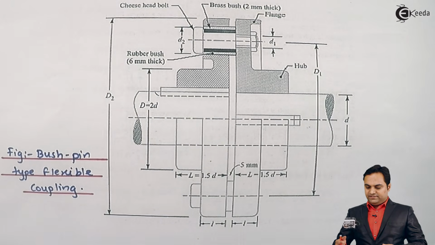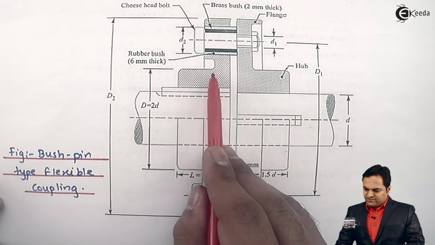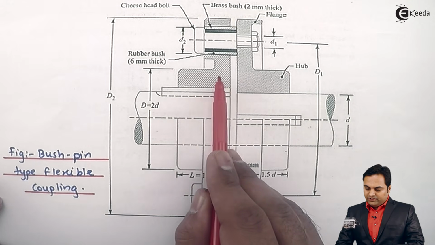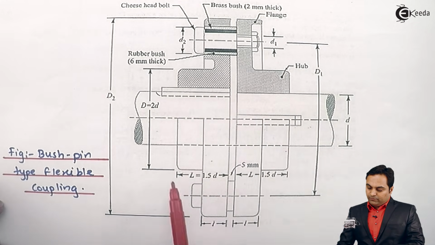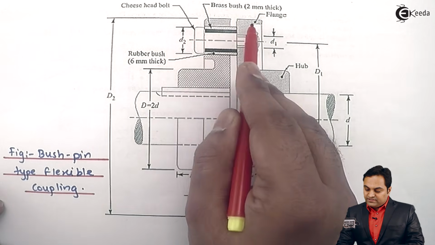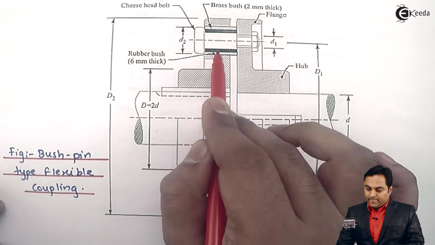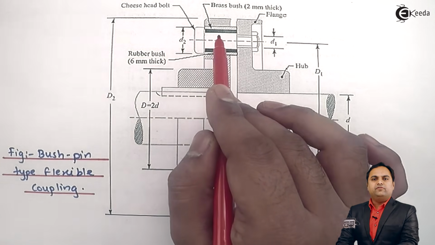As it is in this diagram, bushpin type of flexible coupling has two halves. One is called the left half, the other is called the right half. From the diagram it is very much clear that this section is called the pin. This pin has different areas.